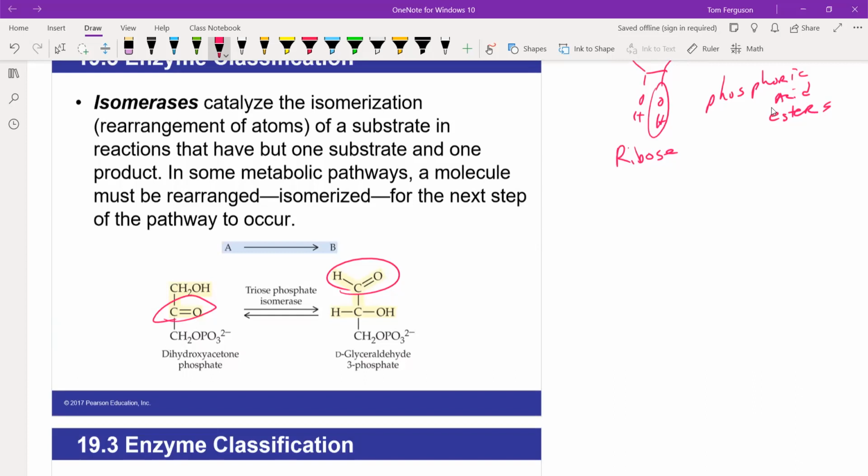So with the isomerase here, the triose phosphates are going to be moved around.